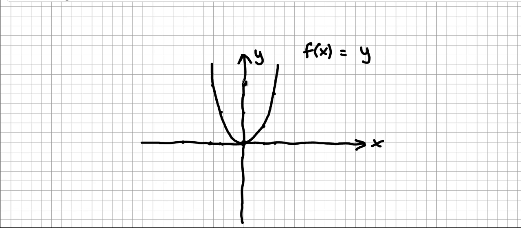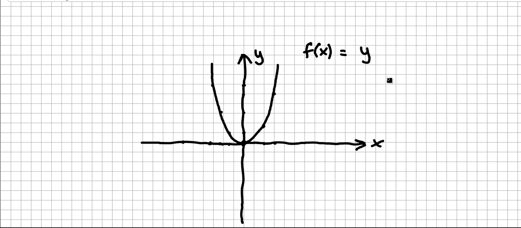We can see that the y value is decreasing. So if I keep going to the right here, the y value is decreasing. So for all x values smaller than 0, the function will decrease.